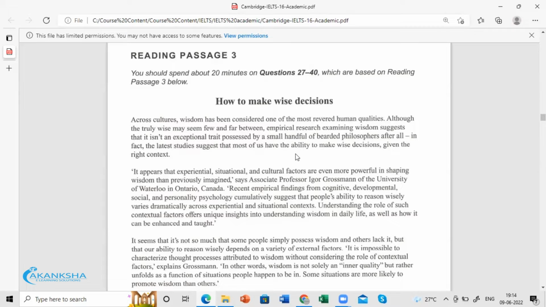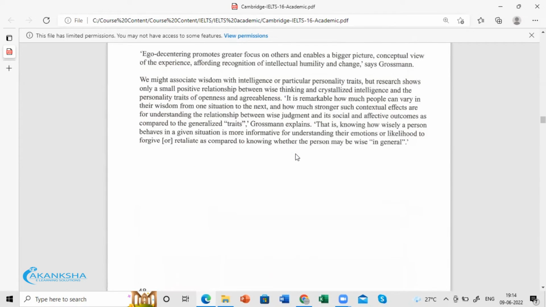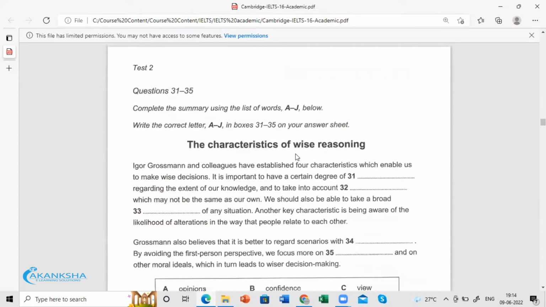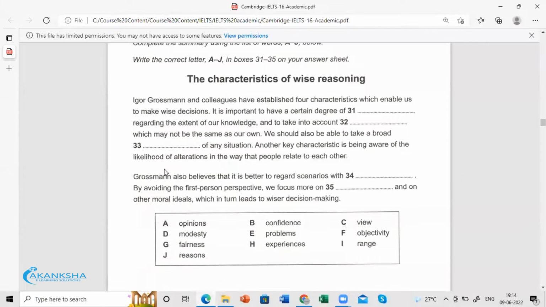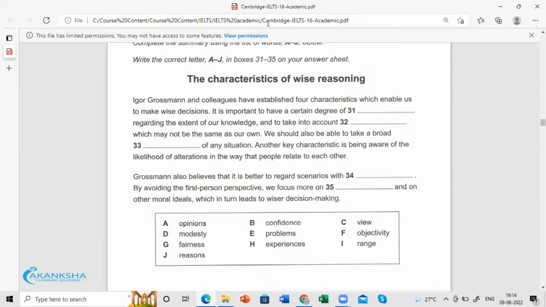Fine. Now let's see in the questions what is important. The characteristics of wise reasoning. Like we did yesterday, we need to scan for the word which is really important for this particular passage.